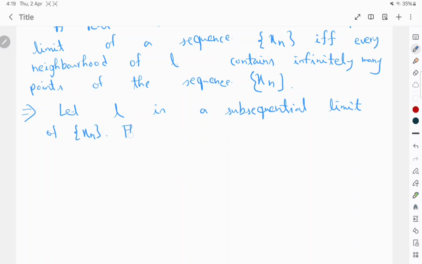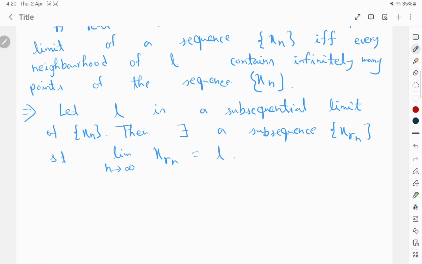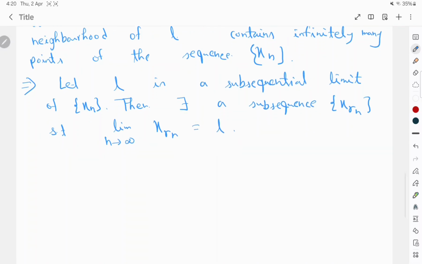Obviously then there exists a subsequence xrn such that the limit as n tends to infinity of xrn is L, right? Because L is a subsequential limit, there exists some subsequence converging to the number L.